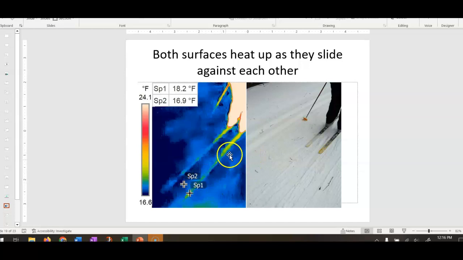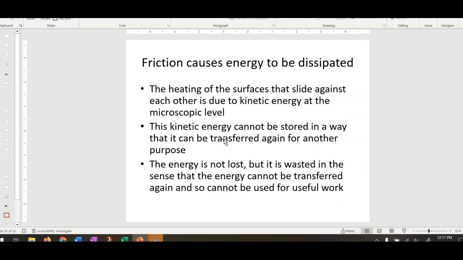You can see that the snow is mostly shades of blue because it's very cold. But where the skis have rubbed across the snow, you're seeing these green tracks because the snow and the skis heated up by that friction. And so friction causes energy to be dissipated or wasted.